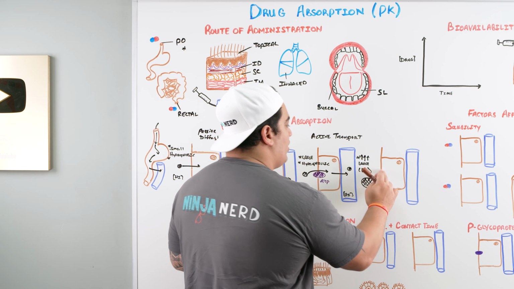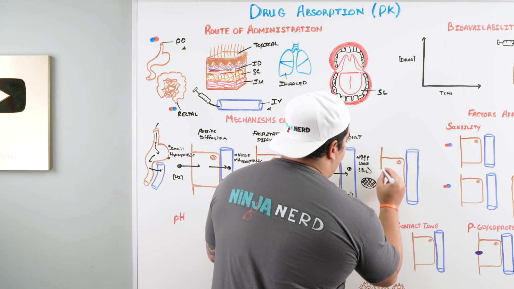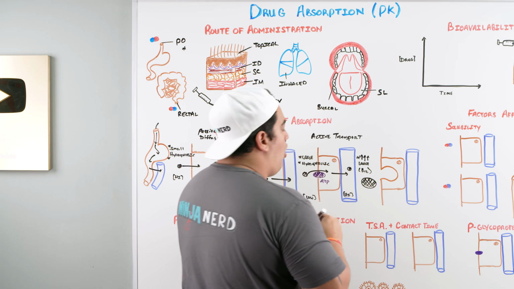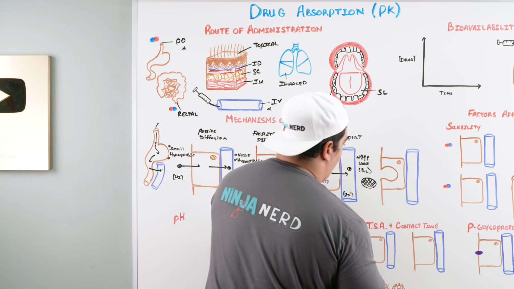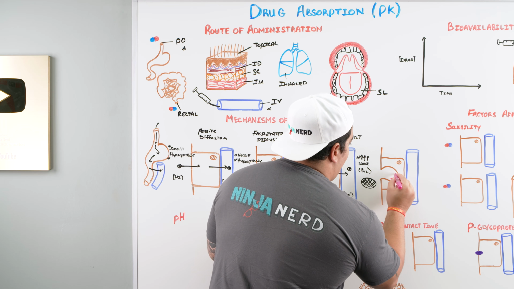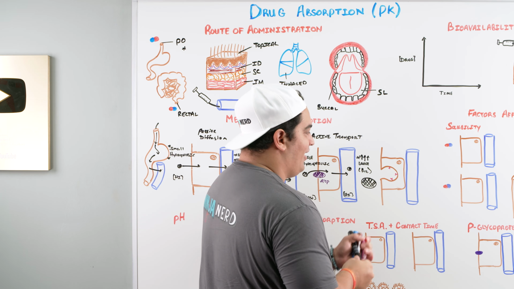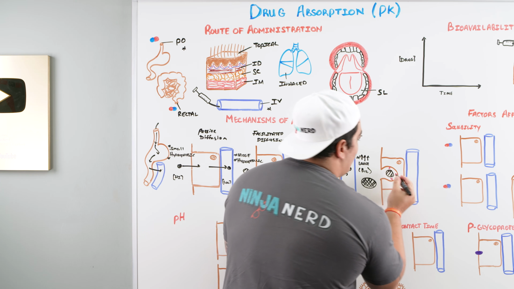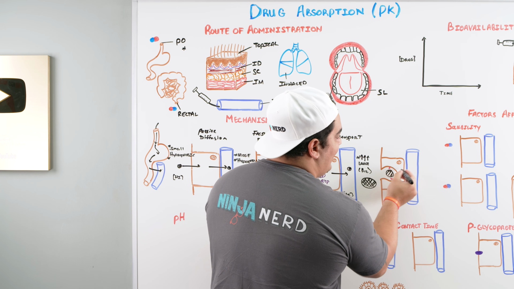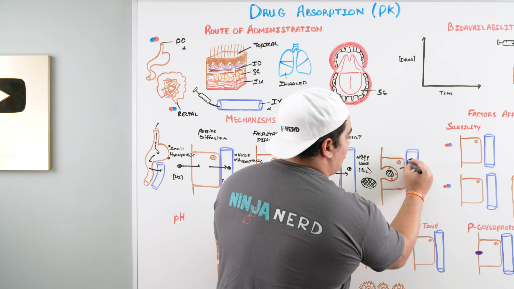Bulk transport is a process where the drug may bind onto little receptors that are present on the actual cell membrane. And when it binds onto these receptors, let's draw little pink receptors here, it'll bind to it and then trigger this invagination of the drug via a process called endocytosis. And then once it's endocytosed, it's taken into the actual cell, and then it'll be exocytosed out into the actual vasculature.